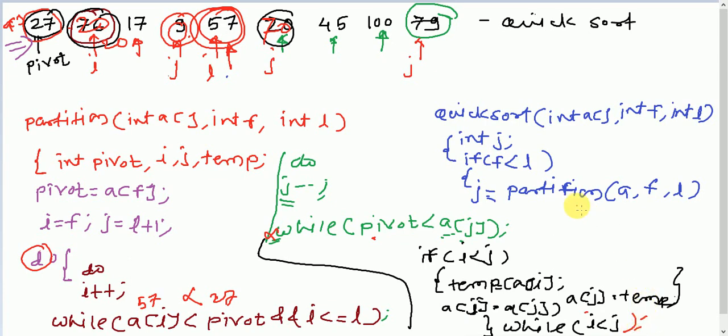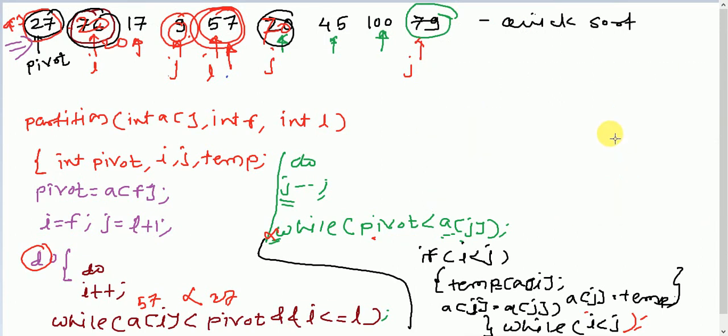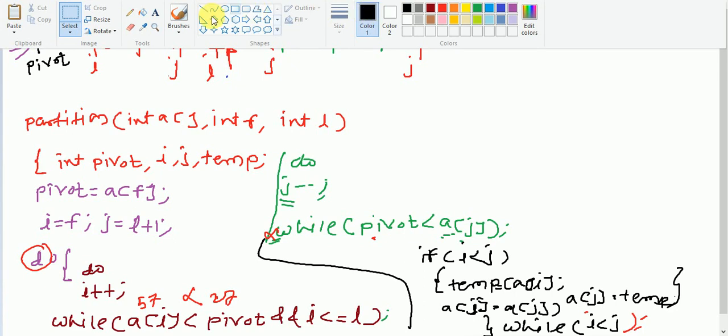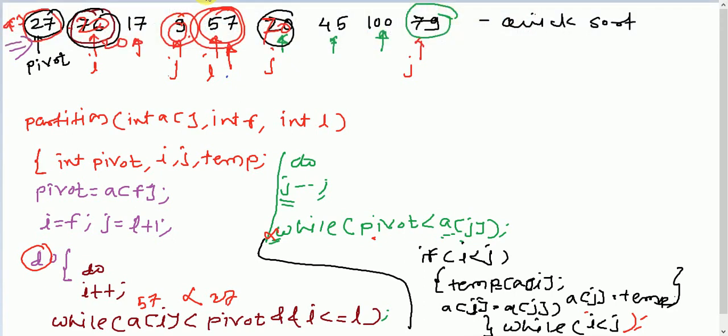And then at the end, once this while loop is broken, we are basically interchanging the pivot value, the first element, with A of j. So after the while loop, once I and j have crossed each other, at the place of A of first we are taking the element A of j.